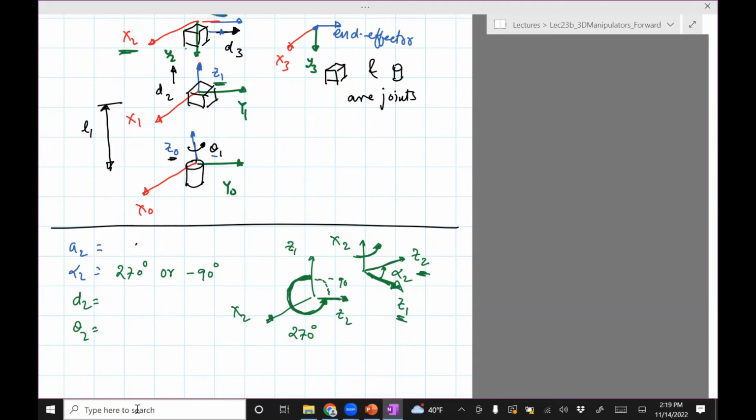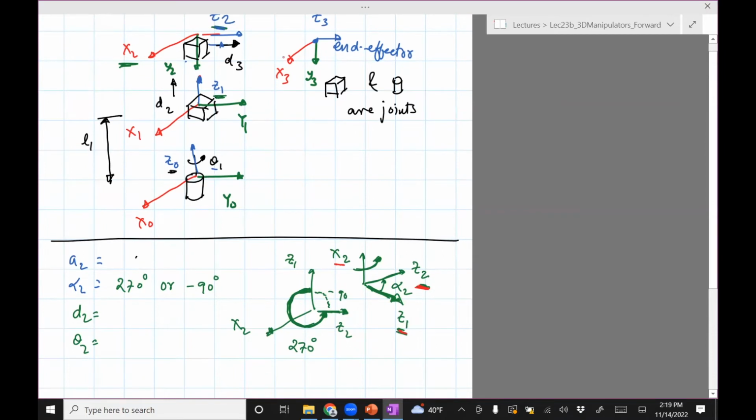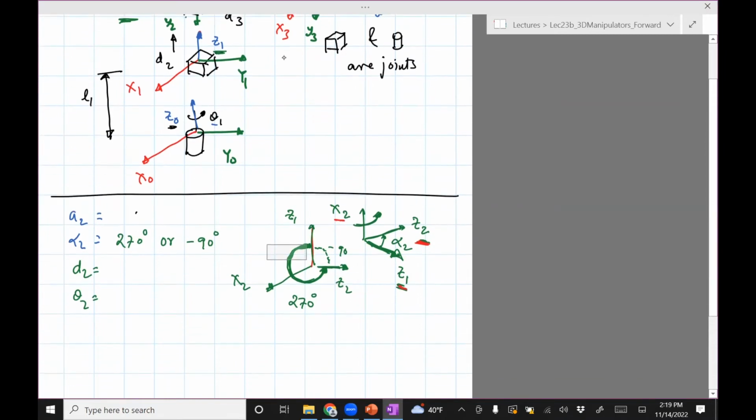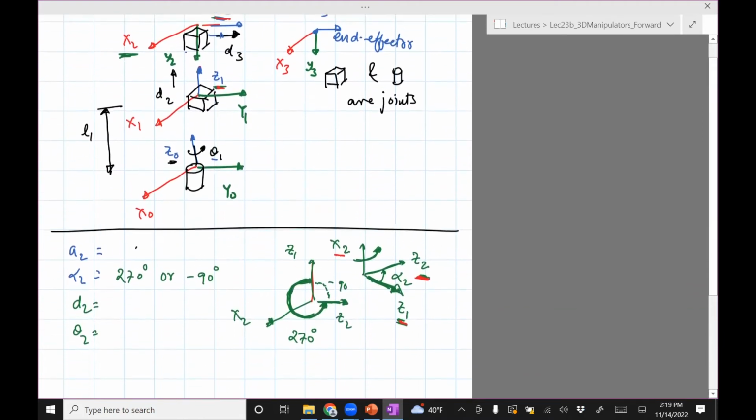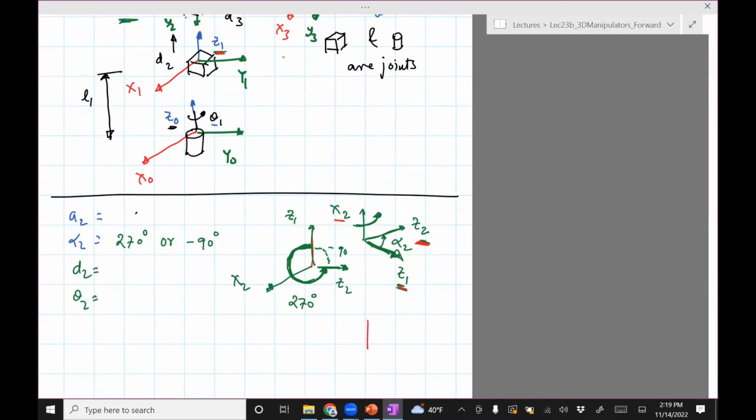Next we need to figure out A2. A2 is the distance between Z1 and Z2 along X2. We've already drawn it in the figure: Z1 is this way, Z2 is that way. You can see that Z1 and Z2 actually intersect.